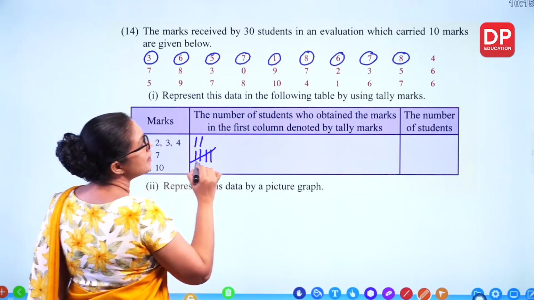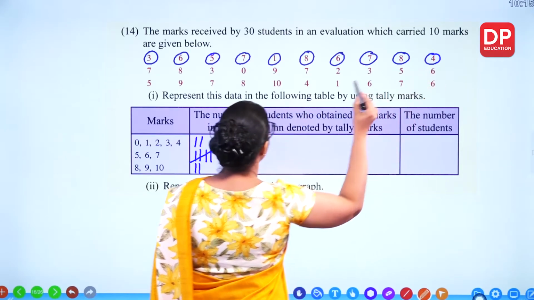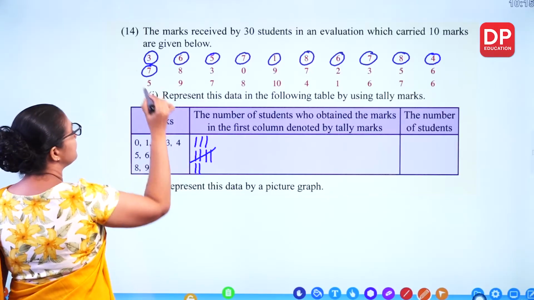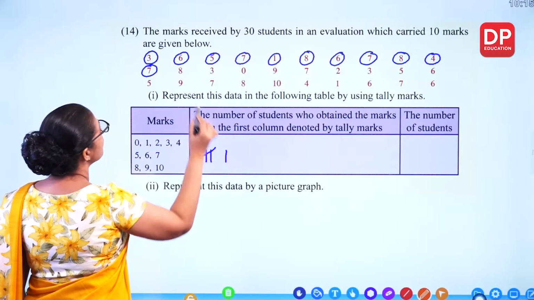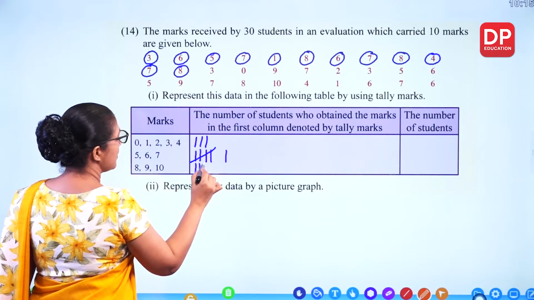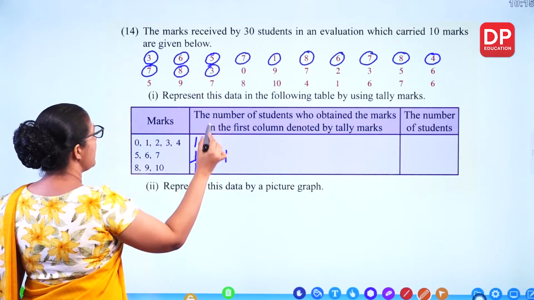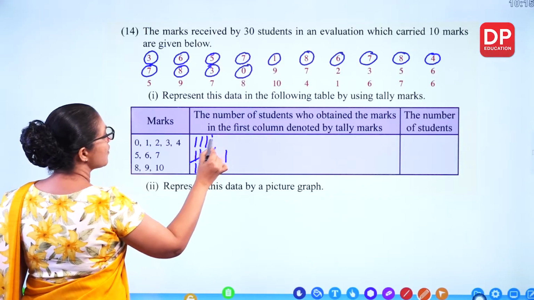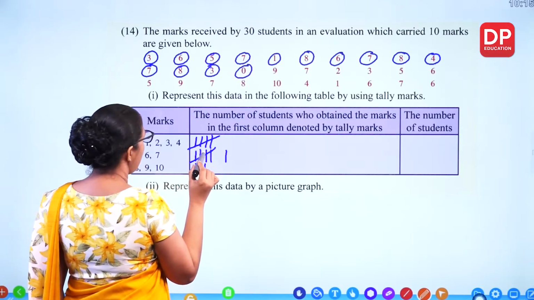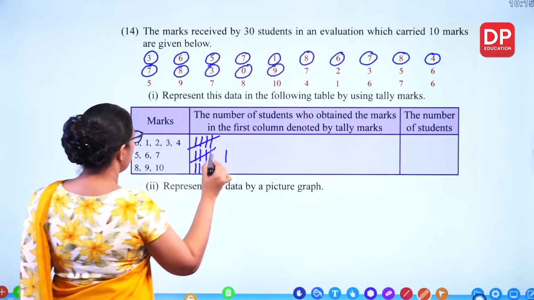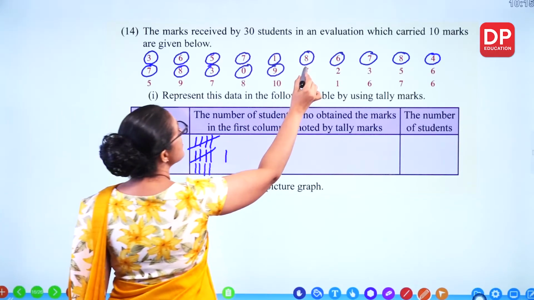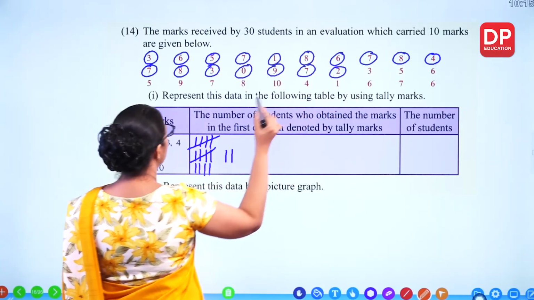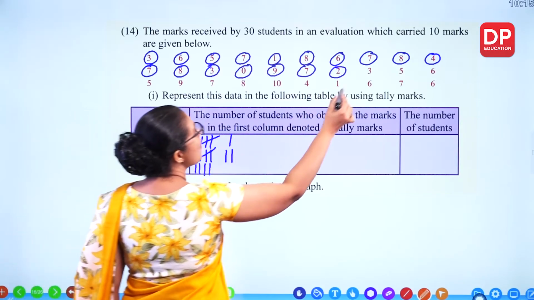That's here. 4. That's this one. 7. 8. Here. 3. 0. You can cross out. 9. Here. 7. 2. 3.